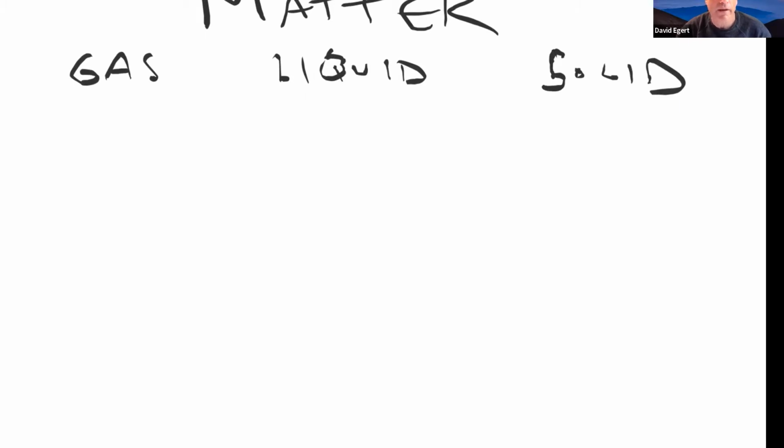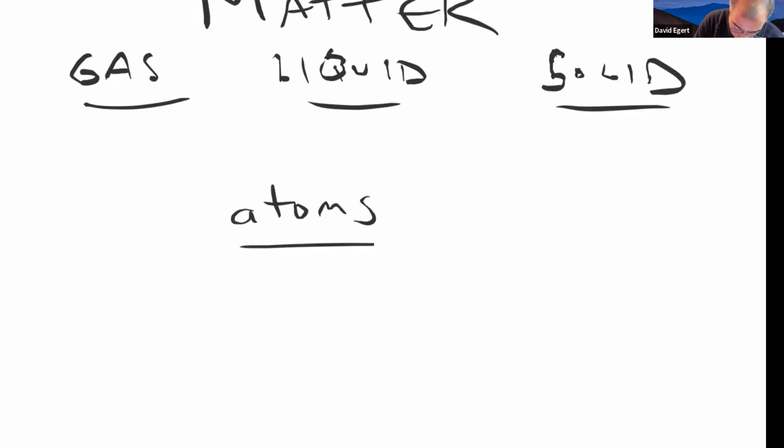So don't worry about that; in our class, things are either going to be a gas, a liquid, or a solid. And matter is ultimately made up of atoms. So we should talk a bit about atoms, and then we're going to be able to hook up atoms with chemical bonds to make molecules. But let's start with atoms.